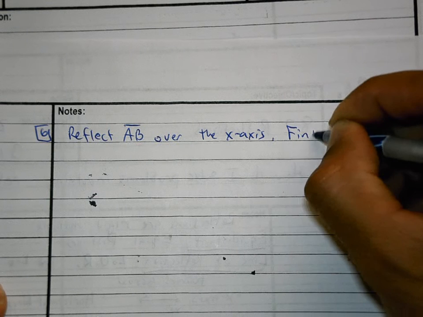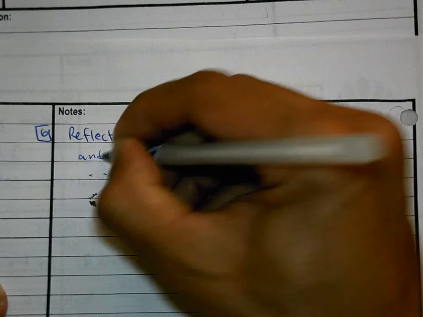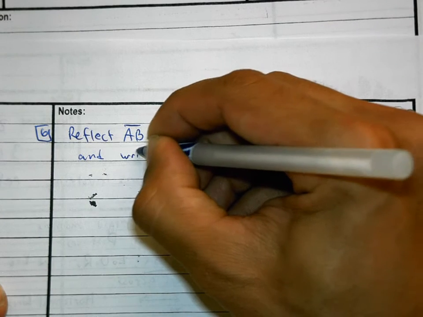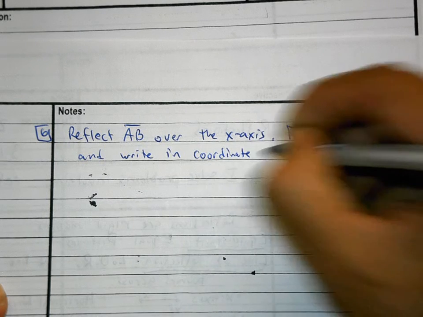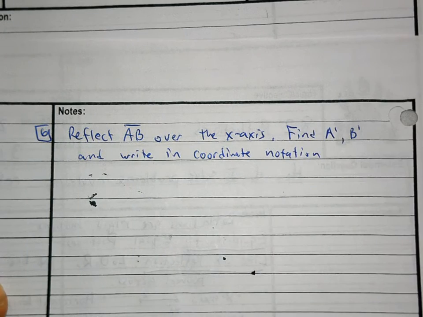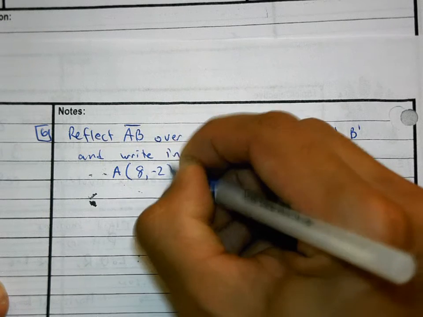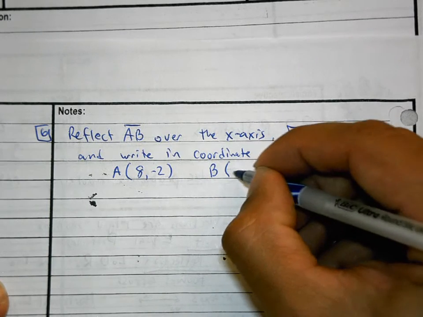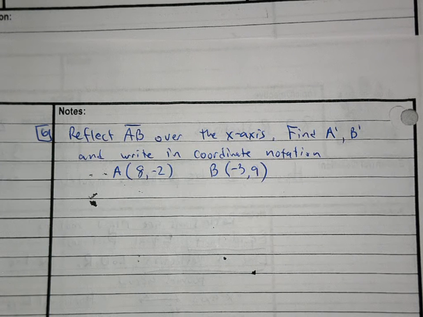Find A prime, B prime, and write in coordinate notation.